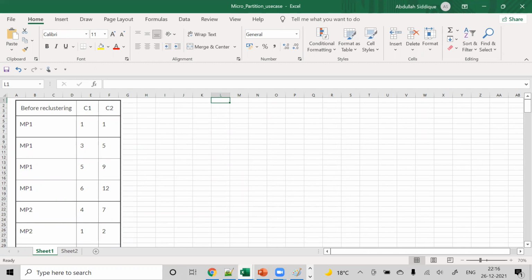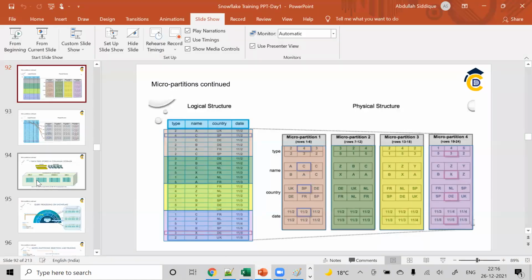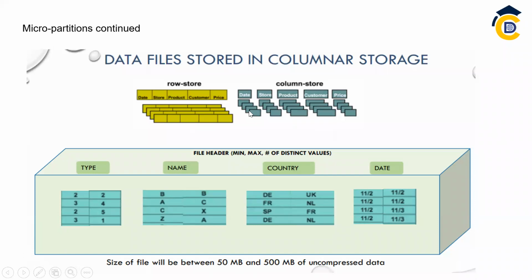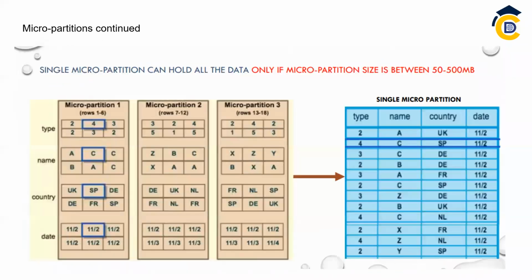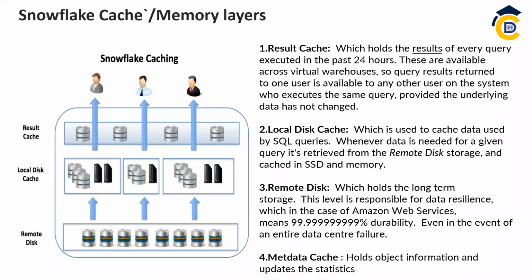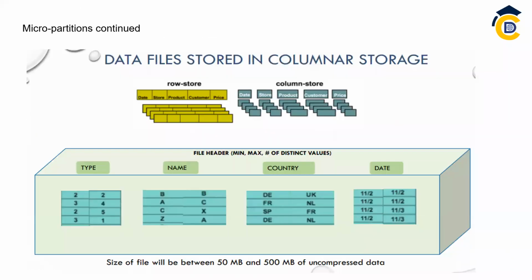Yeah, there will be a header for MicroPartition. I think I don't have that slide here, but there'll be a header in the MicroPartition. See this here, file header, which will have the minimum.